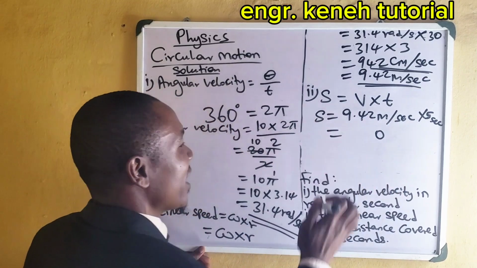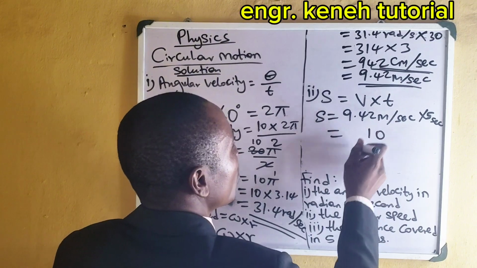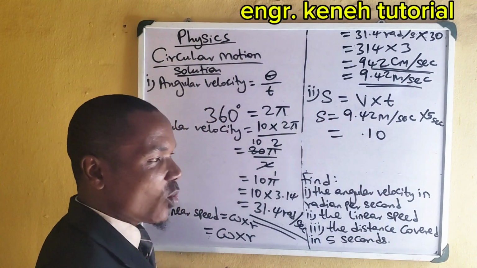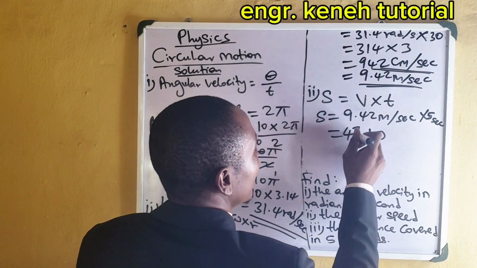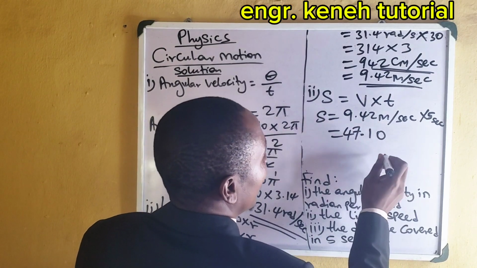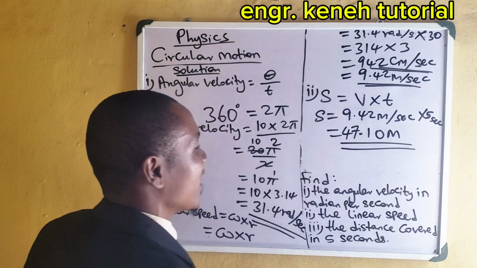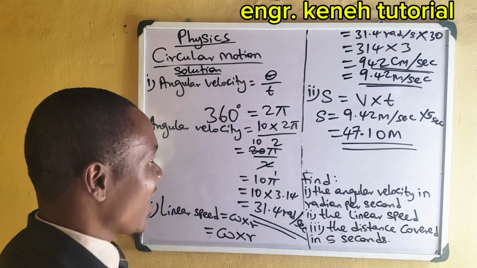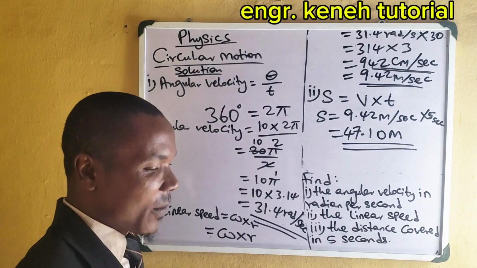When 5 multiplies 4, it will give us 20, plus 1, we have 21. Write 1, carry 2. When 5 multiplies 9, it will give us 45, plus 2, you have 47. So we have 47.10 meters. That will give us the distance covered in 5 seconds.